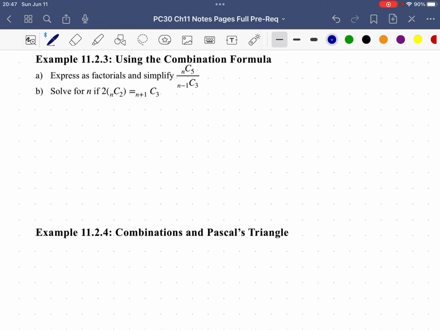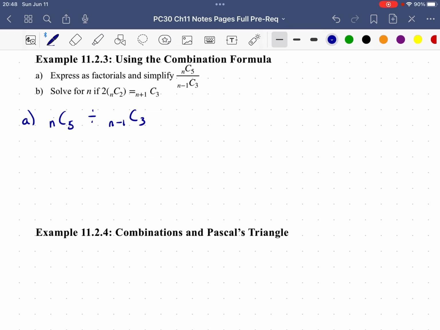So what we're going to have to do is write this out, and then figure out what to do with it. I know I do not have enough space here for this, but let's try it out. I'm going to write it out horizontally, nC5 divided by (n minus 1)C3.